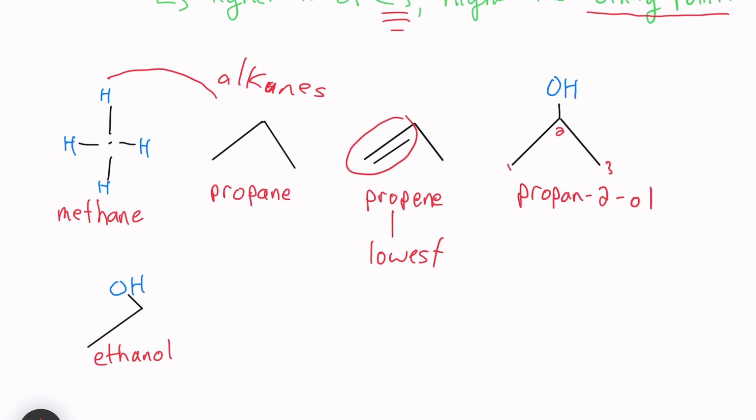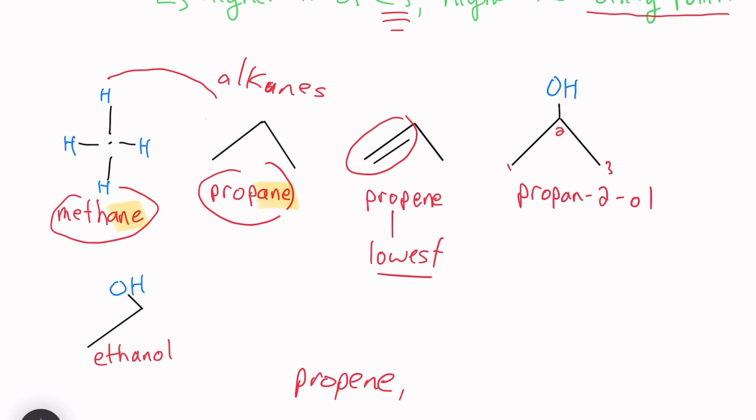So right away, our propene is going to have the lowest, so I'm going to list that first. I would go propene, which has the lowest boiling point. And then it's going to be alkanes, which will be either methane or propane, but both of them will come after propene. Now, which one is going to come first, the propane or the methane?